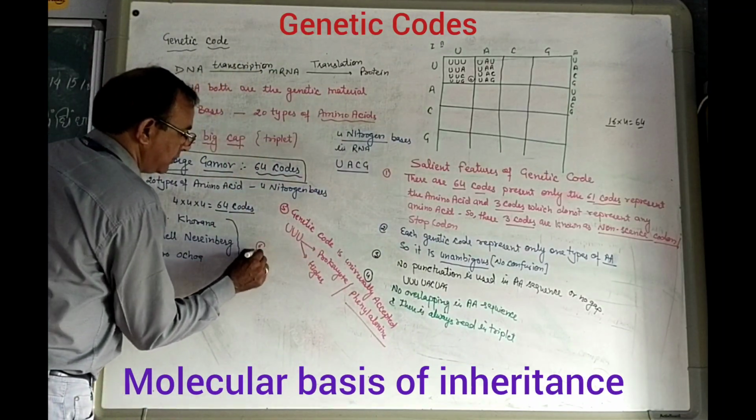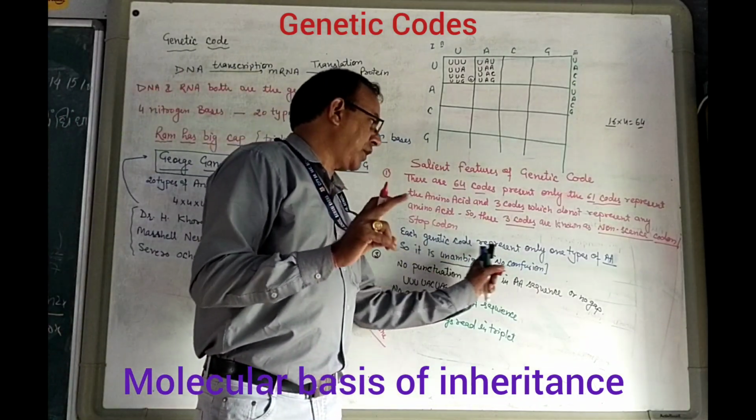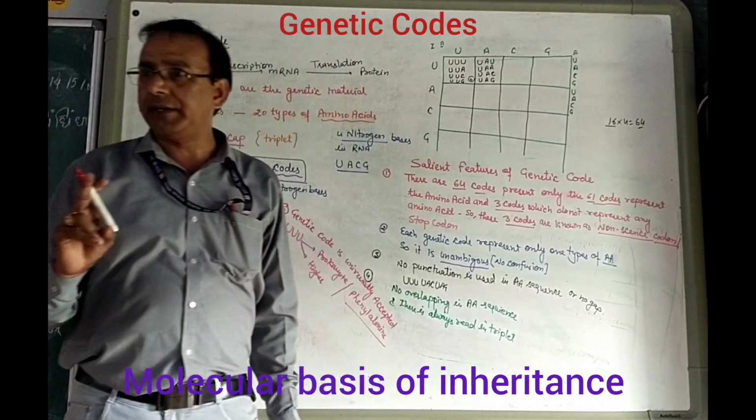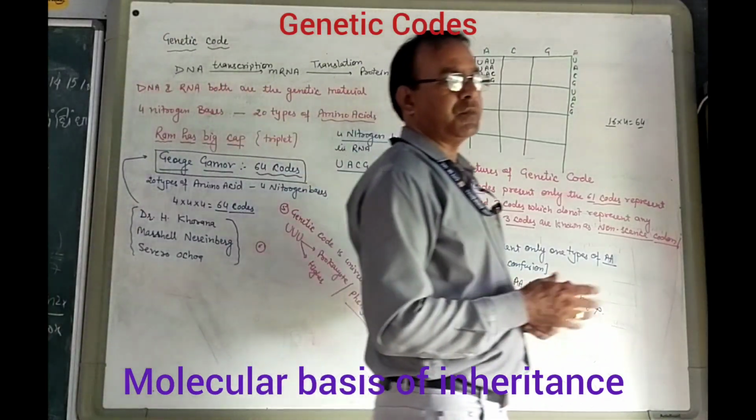And the sixth one is an exception. We have written that each genetic code represents only one type of amino acid. But one exceptional case is AUG.